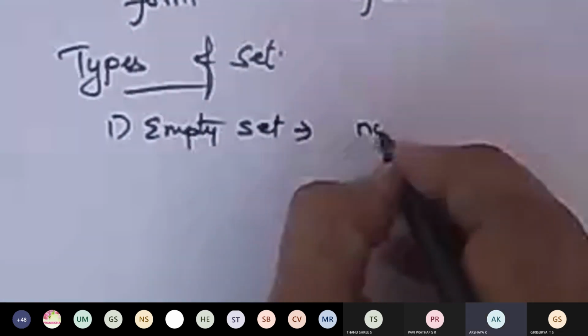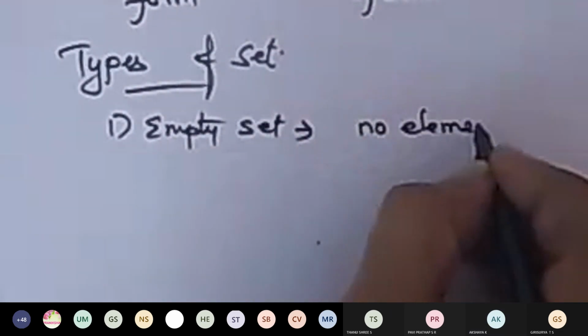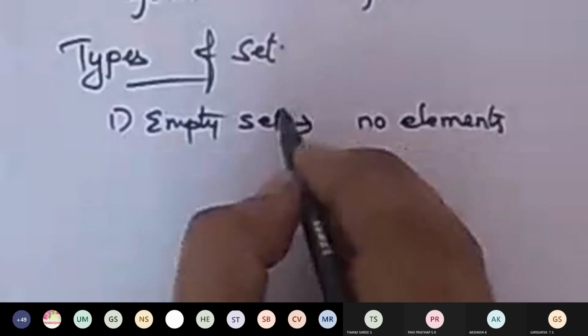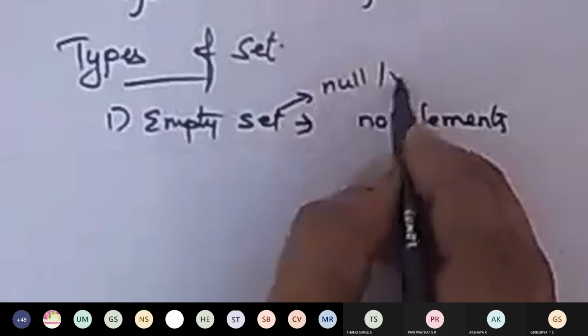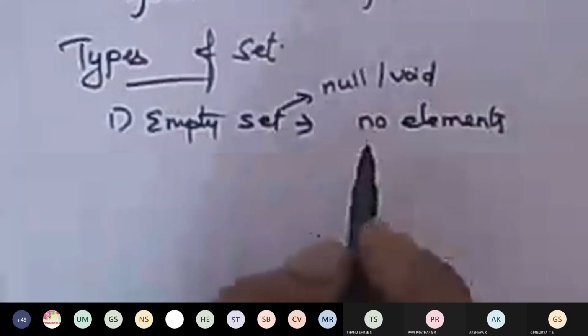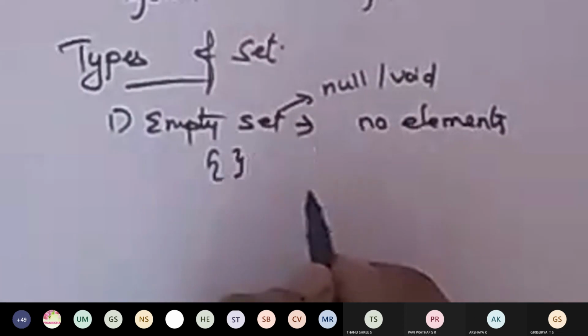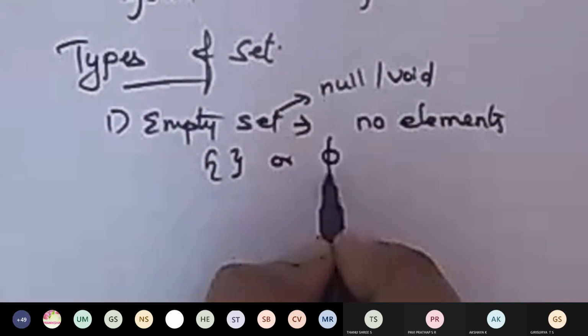A set is said to be empty if it has no elements in it, right? If it has no elements, that is called the empty set. So empty set is otherwise called null set or void set, right? So either you can represent empty set in this way or using the symbol phi.